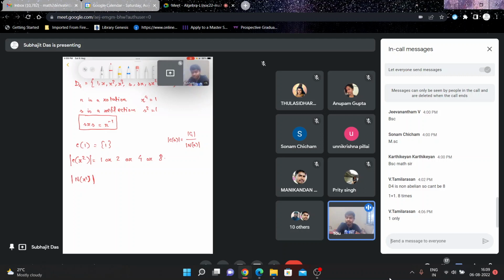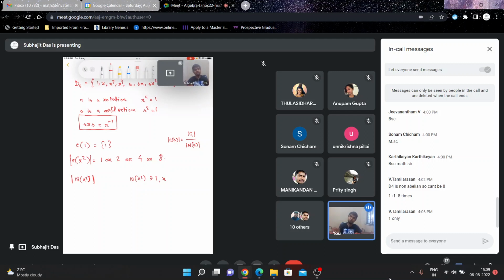So what are the elements which commute with R square? That is, what are the elements which are in the normalizer of R square? Clearly, the normalizer of R square certainly contains 1, right? So 1 is in the normalizer. At the same time, R is also in the normalizer, because the subgroup generated by R contains R square, and the subgroup generated by R is a cyclic group, it's abelian.